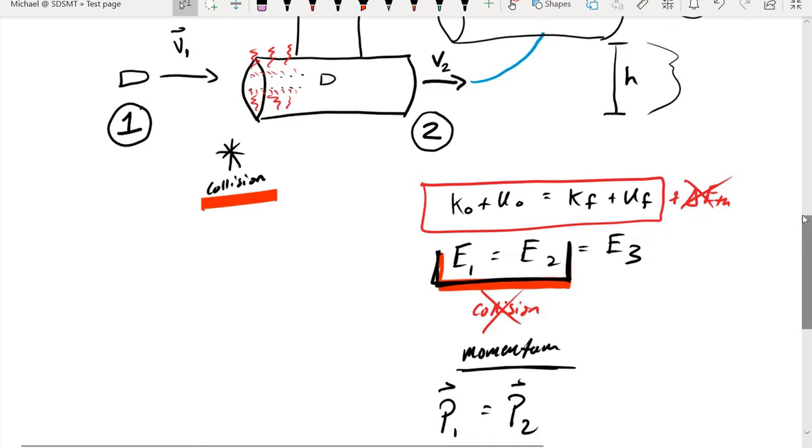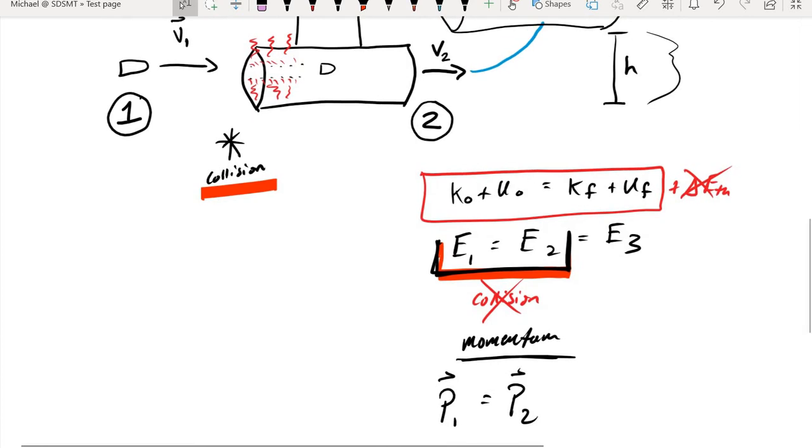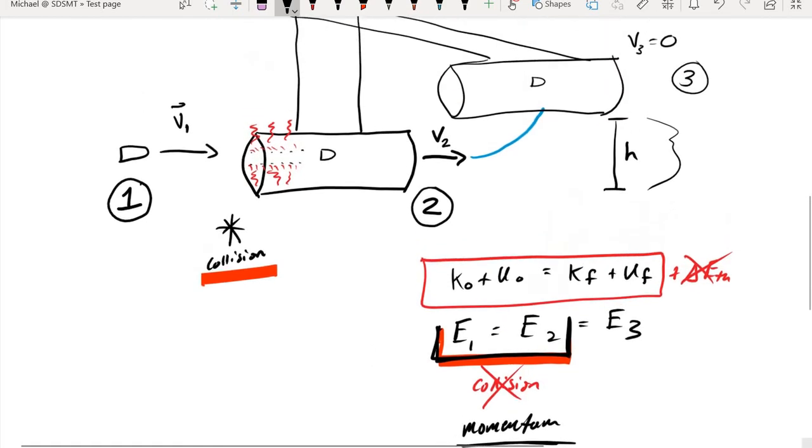The one thing that we have to make sure of is that in addition to having equal numerical values on each side, we maintain the vector direction, because momentum is a vector. Well, let's take a look. Before the collision, our bullet has a velocity that is to the right. If we need to set up a reference frame, we can.